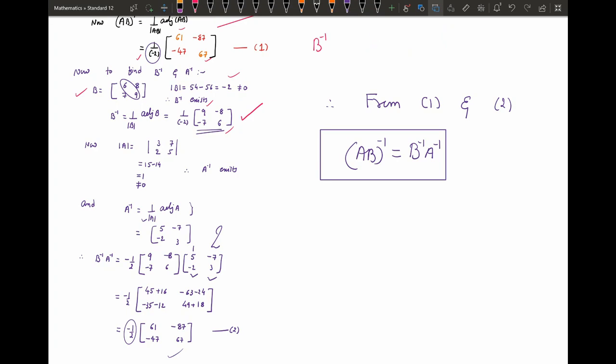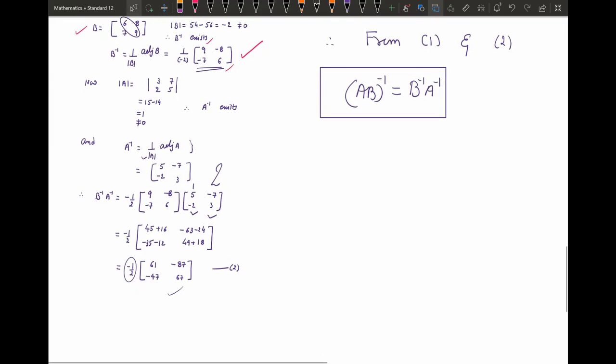Now from A, let us evaluate A inverse. Matrix A is a 2 by 2 matrix, its determinant 3, 7, 2, 5. So 5 into 3, 15 minus 14, which is 1, not equal to 0. So A inverse exists.